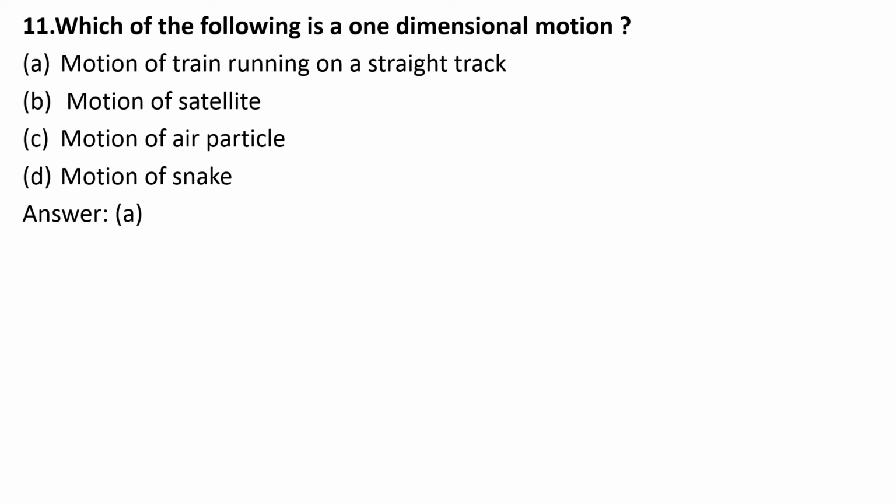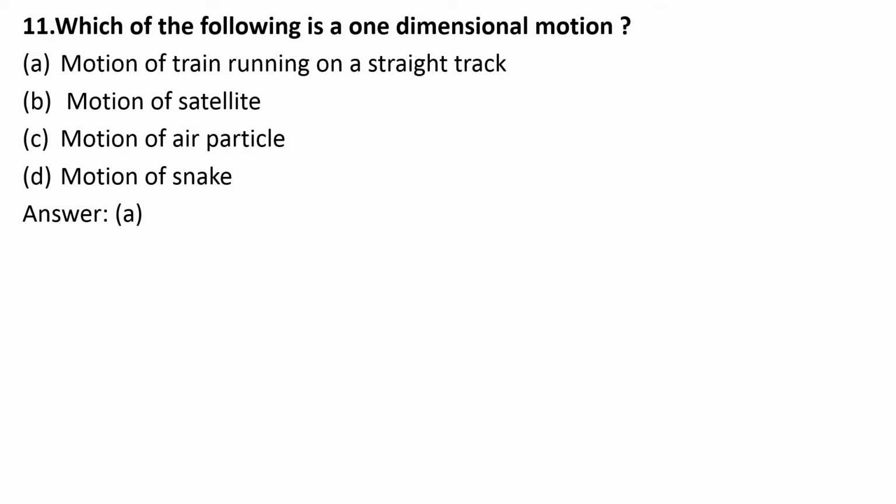Option A is a one-dimensional motion. But in option B, the motion of satellite, to find the position of the satellite we need three axes. So it is a three-dimensional motion. And in option C, motion of air particle, to specify the position of the air particle we need three axes.